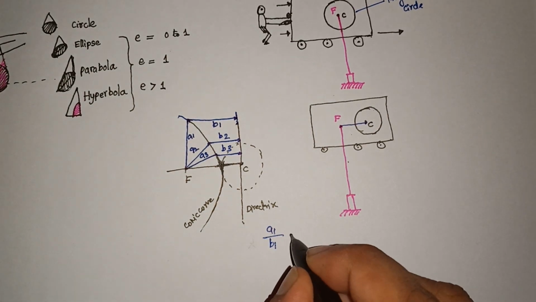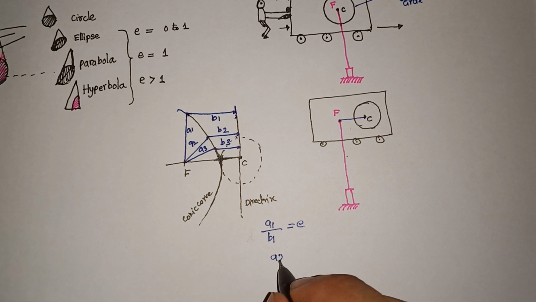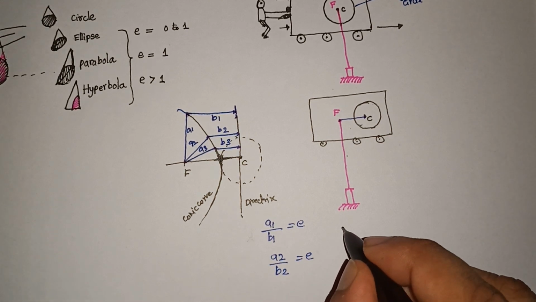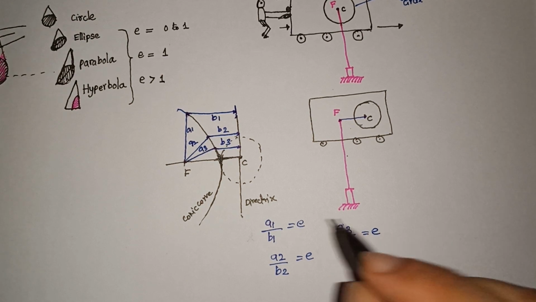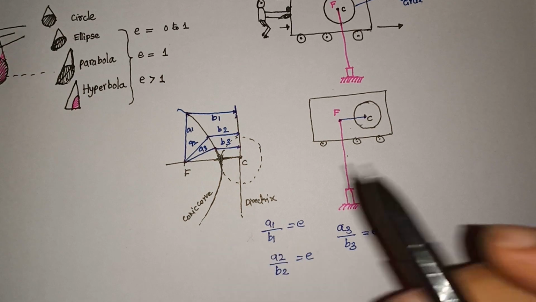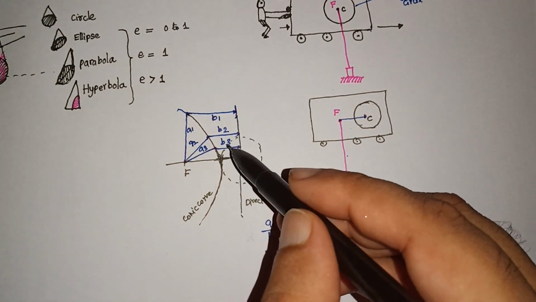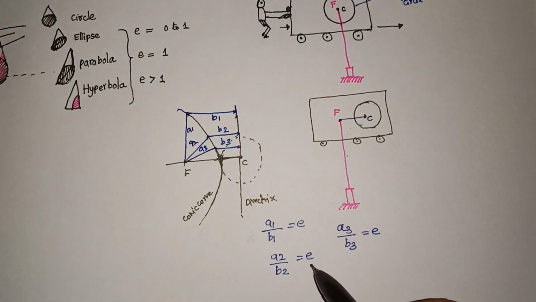So that is going to be the E value. Again, A2 by B2 is going to be E. A3 by B3 is going to be E. That means for this particular curve, your E value is going to be a fixed one. If this is a parabola, then all the E values are going to be equal to 1.